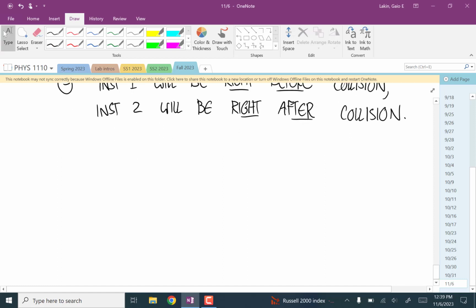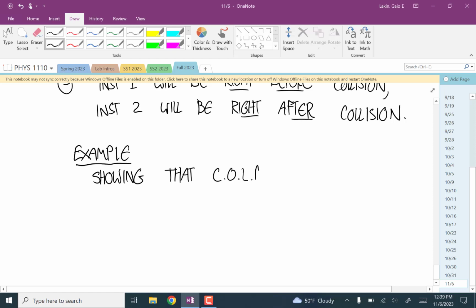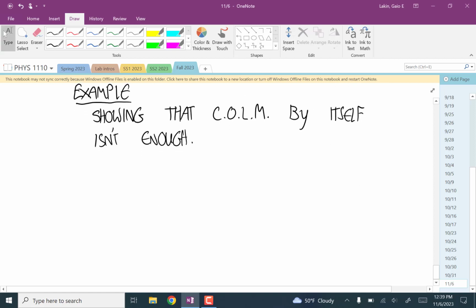Okay, so let me show you an example showing that conservation of linear momentum by itself isn't enough. Okay, so let's say we have these two train cars.